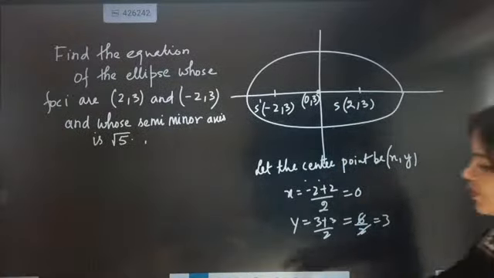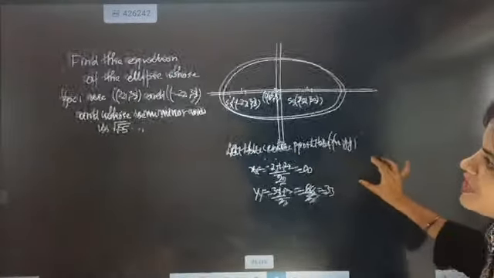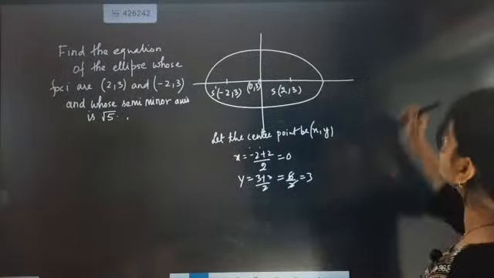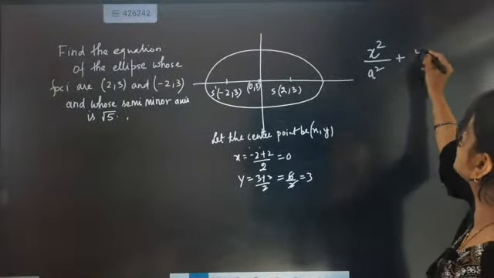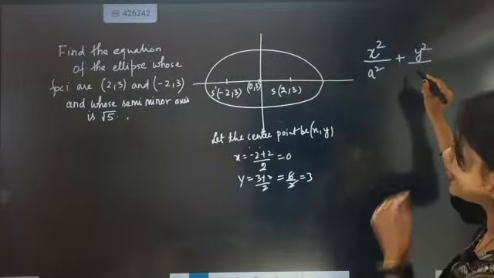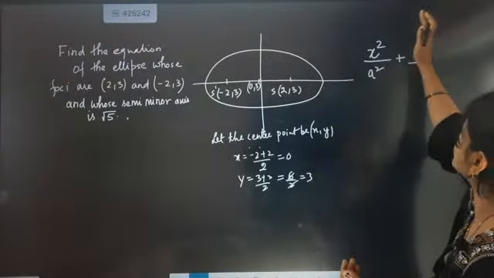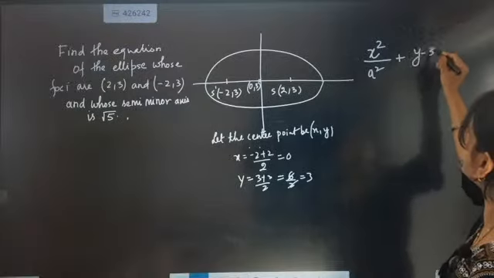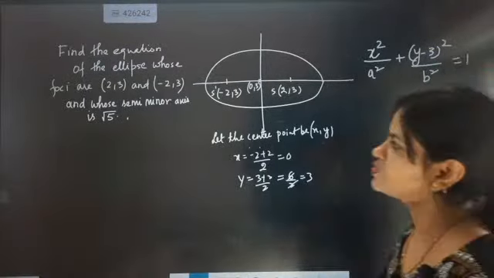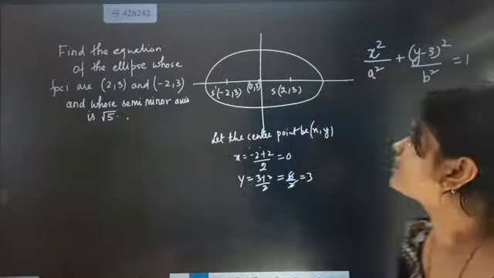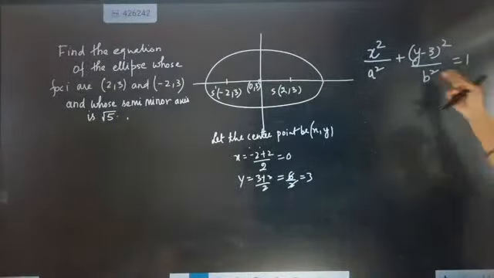Now our equation of the ellipse will become x square by a square plus y minus 3 whole square by b square equal to 1. One last responsibility is left, and that is to get a and b.